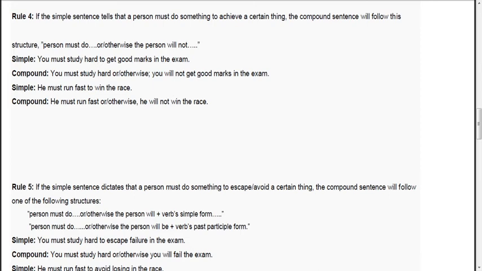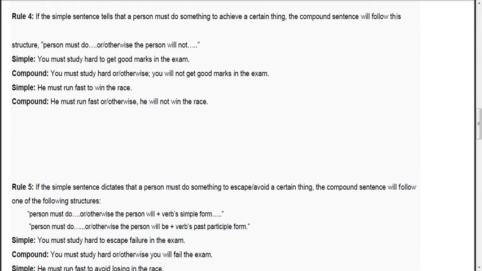So what is the condition? If any person must do something, is bound to do something to achieve a certain thing, at that time or otherwise will be added as a conjunction, and the second clause will be future simple but in negative. If you see the example, then it will be clear.